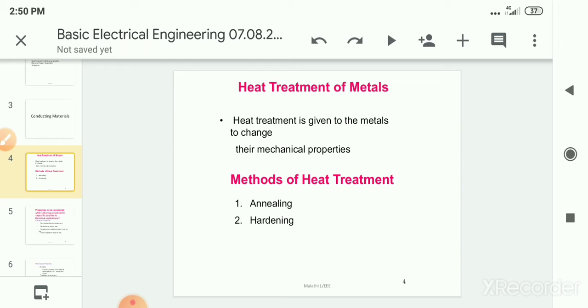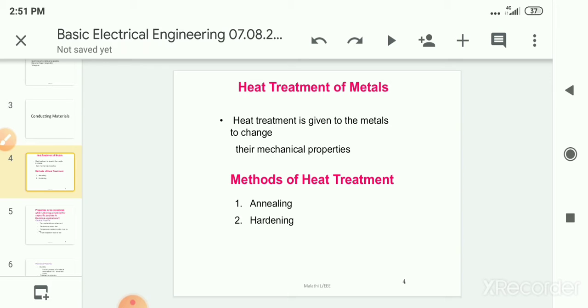It becomes relatively soft. Hence, it is easy to bend, cut and shape. We are getting our desired shapes or textures by this process. Overall, annealing gives smoothness and softness to the material.